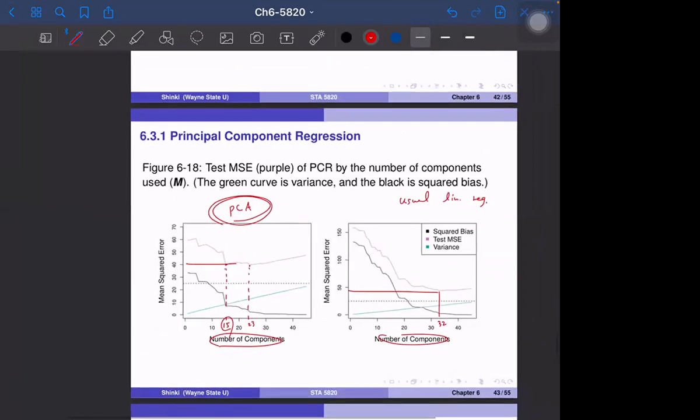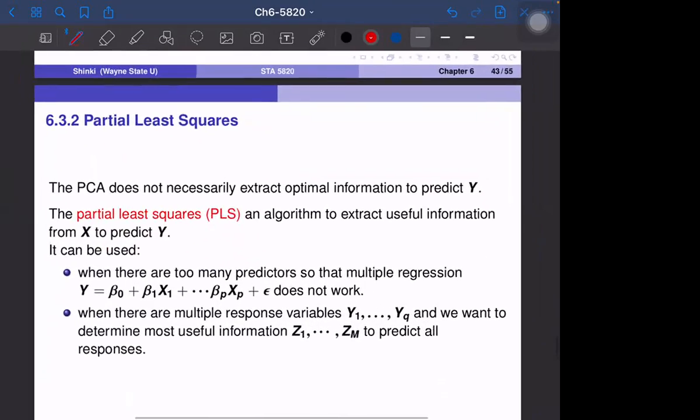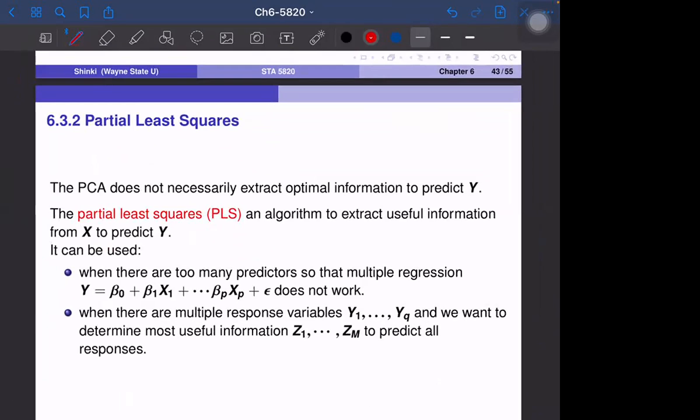So the next one is partial least squares, but this is a different model and a little more complicated. The idea is that we use the information of Y to summarize the information of X. It's a kind of ad hoc method, but at least we utilize all the information to the maximum.